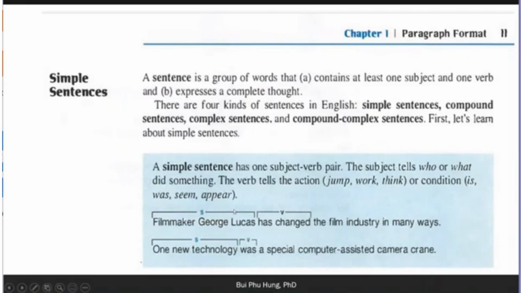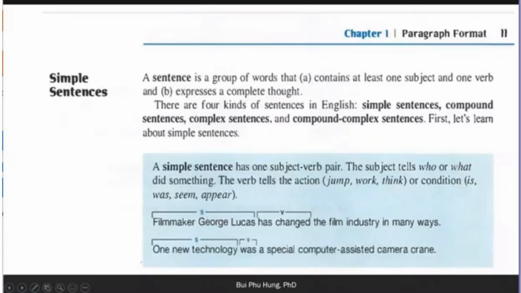For example, we said, filmmaker George Lucas has changed the film industry in many ways. In this sentence, filmmaker George Lucas is the subject.